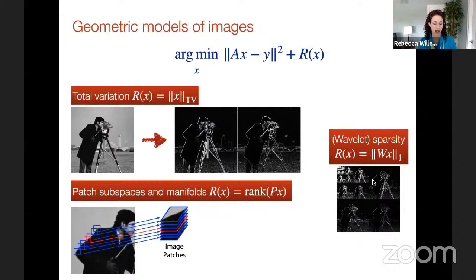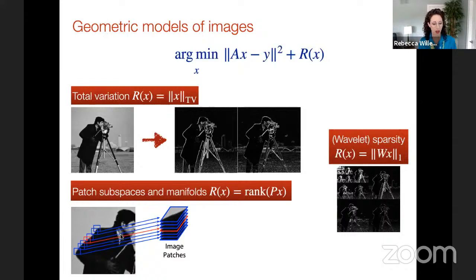Alternative methods have looked at wavelet sparsity and trying to build geometric models of images that say most of the wavelet coefficients of the images we want to recover are going to be 0 or very close to 0, and using that to construct a regularization function.